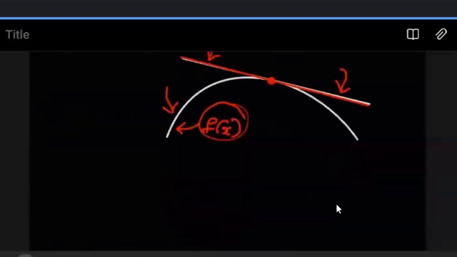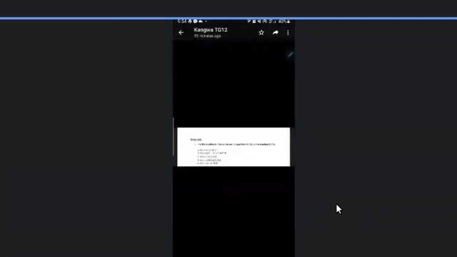So the first step in getting the equation of a tangent of a function is to first differentiate the function. Now, a good example would be, say you have y equals x squared minus x minus 2, or instead, let me use the questions that Kangwa gave us. Let's look at the questions that Kangwa shared.